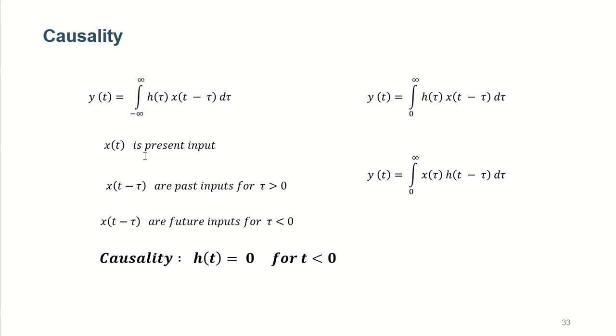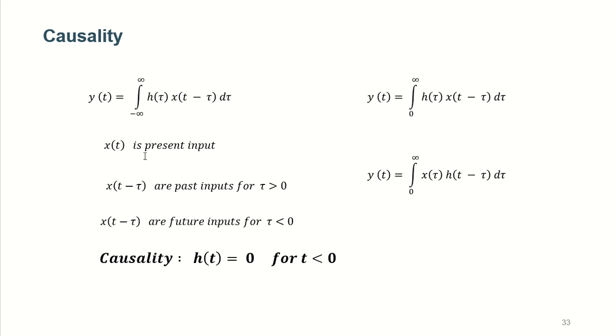Let's take any values of tau greater than 0, 1, 2, 3, 4, 5, you can consider any. For all the values of tau greater than 0, x of t minus tau will be your past inputs.